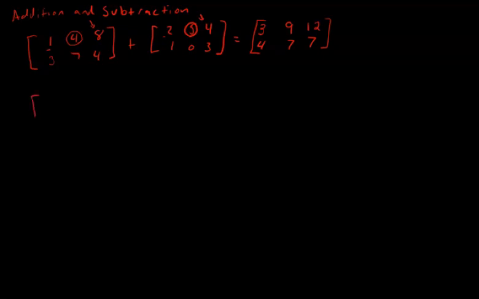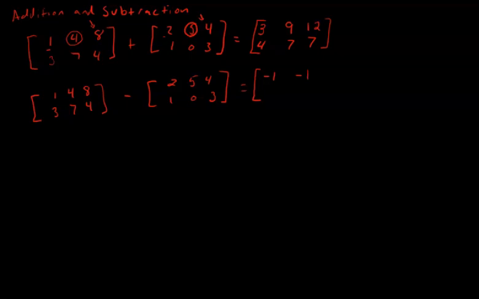If we did subtraction, we might use the same two matrices, so 1, 4, 8, 3, 7, 4, minus 2, 5, 4, 1, 0, 3. And then we have 1 minus 2, which is negative 1. 4 minus 5 is also negative 1.